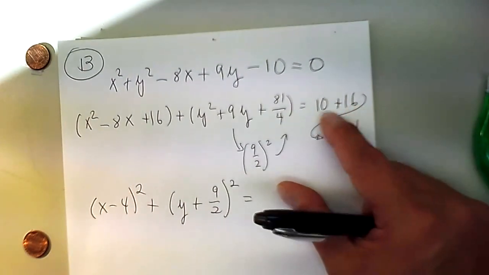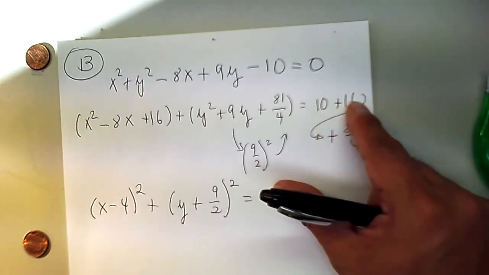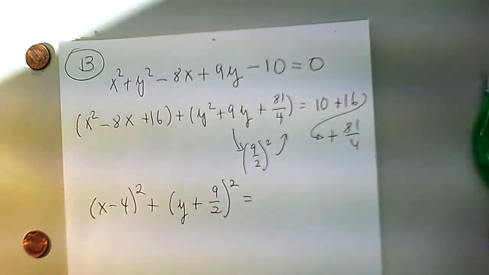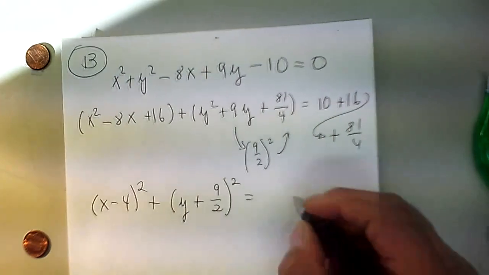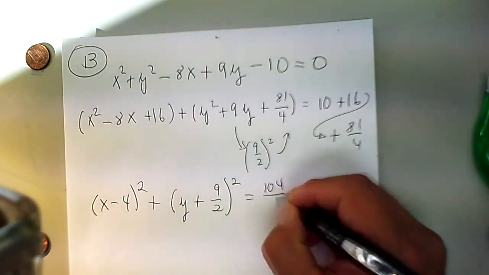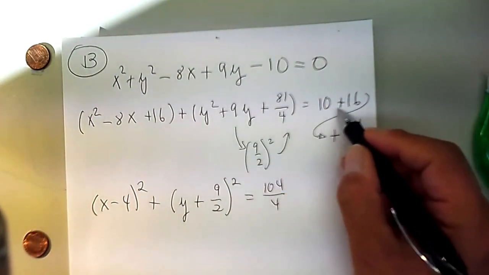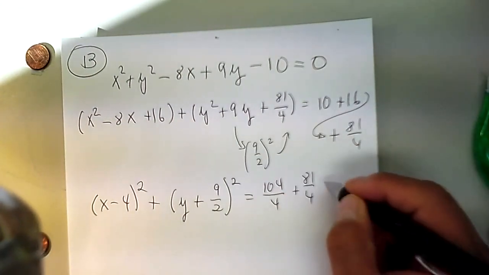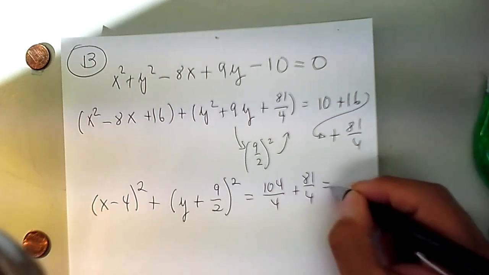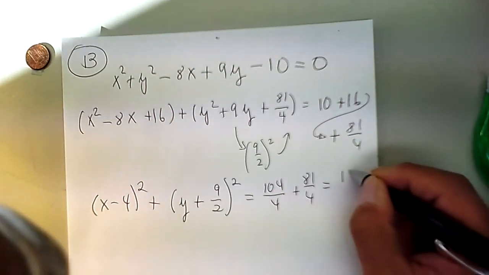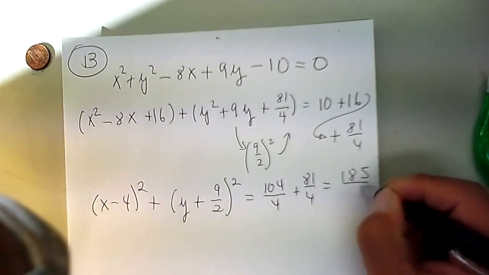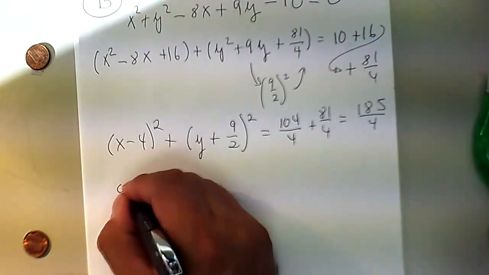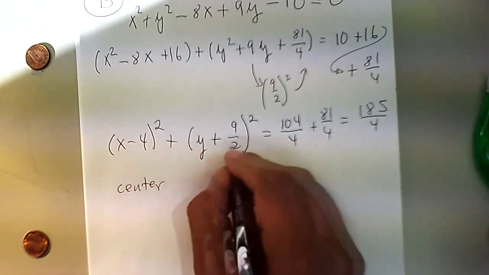So we really want to change that into fourths. 26 times 4 is 104. So 104 over 4 comes from the 26, plus still 81 over 4. So that is really 185 over 4.